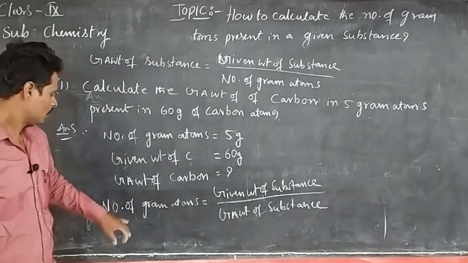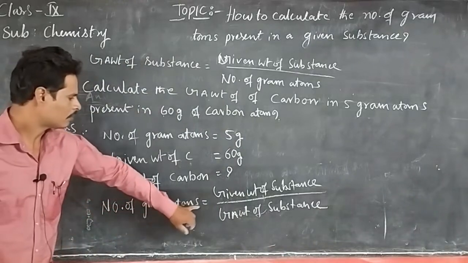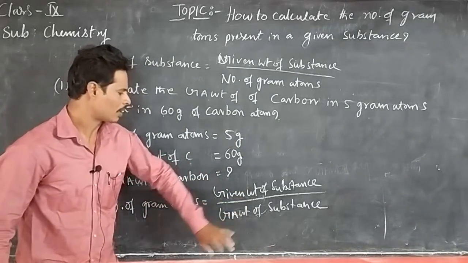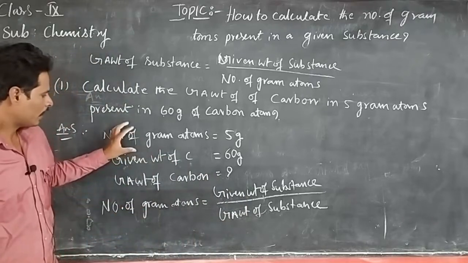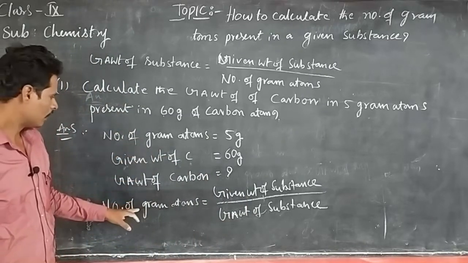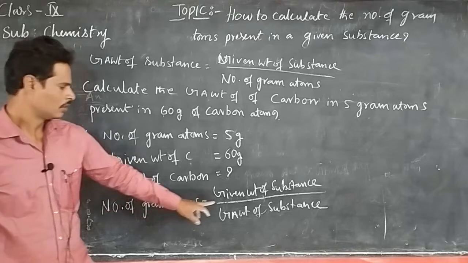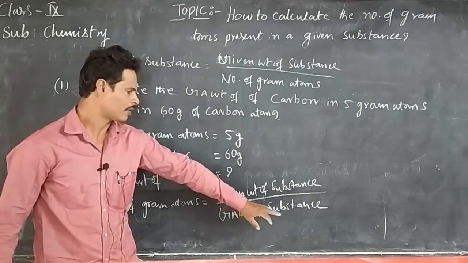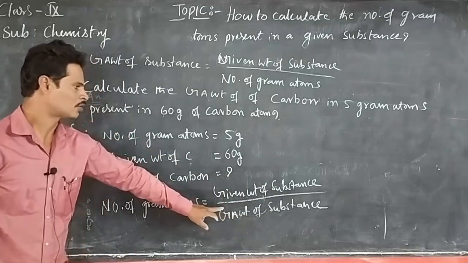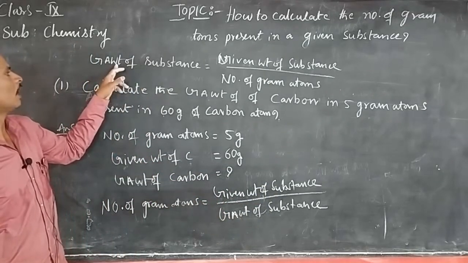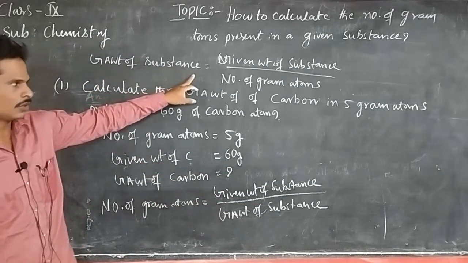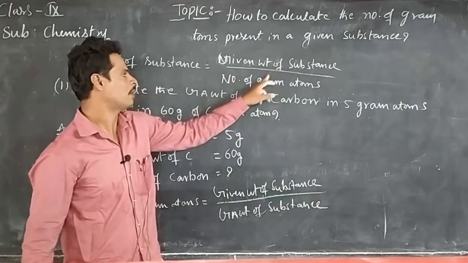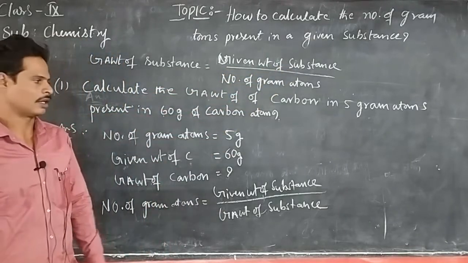Here we know two values: number of gram atoms and given weight of substance. We don't know the gram atomic weight of substance. The formula should be changed: gram atomic weight of substance equals given weight of substance by number of gram atoms.